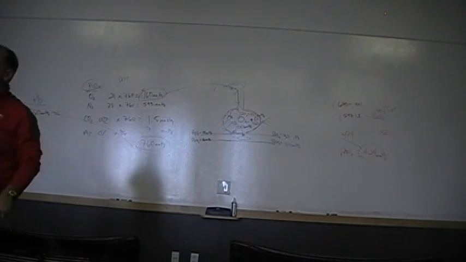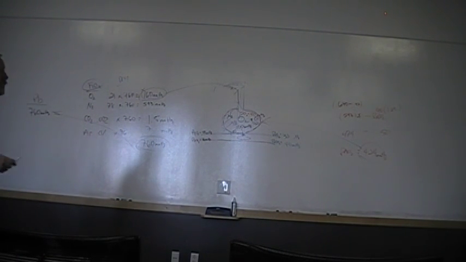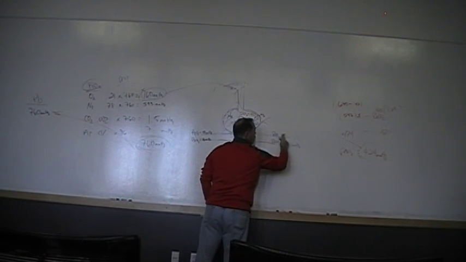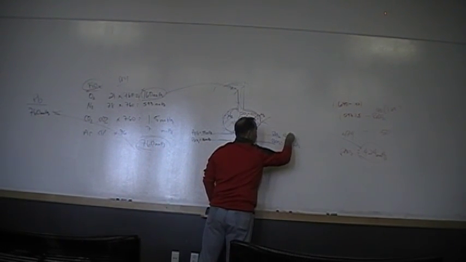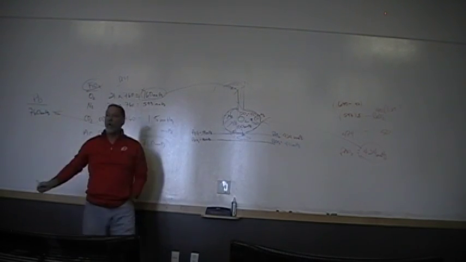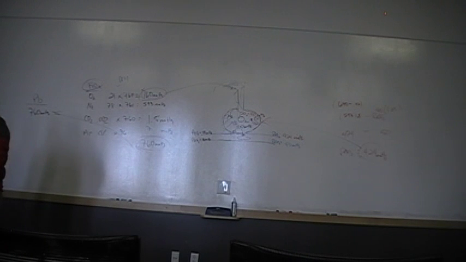It goes across 9 layers of tissue, and in the arterial blood we end up with 424 millimeters of mercury. Wow.